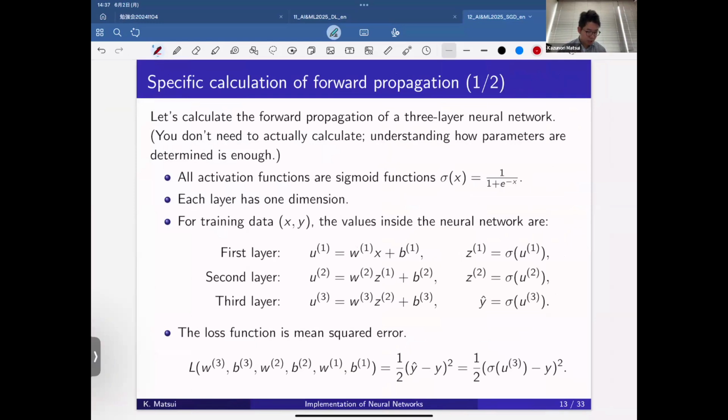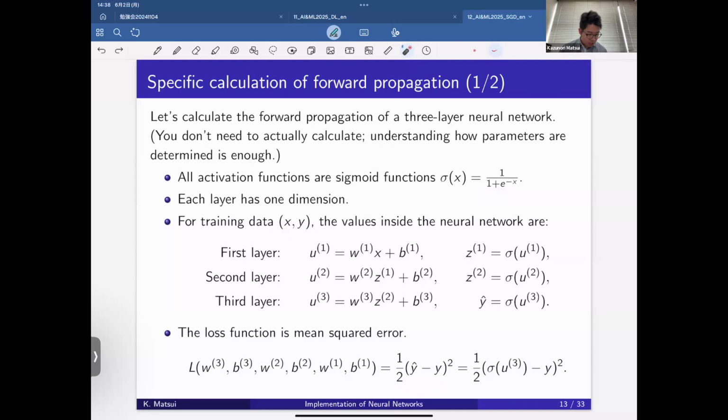For simplicity, let's use a sigmoid function as the activation function and make each layer one dimension. The values inside the neural network are determined like this for the training data. Let's use mean square error as the loss function.